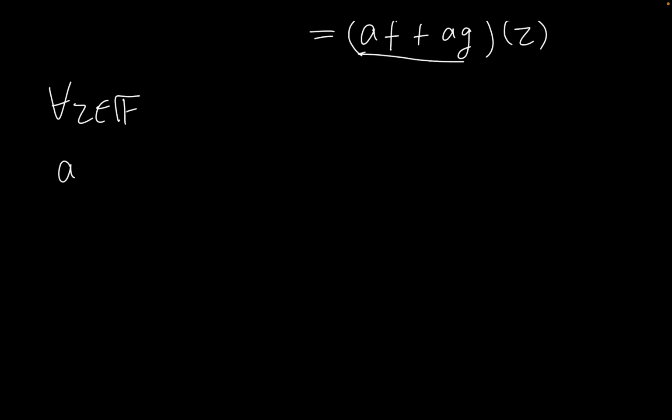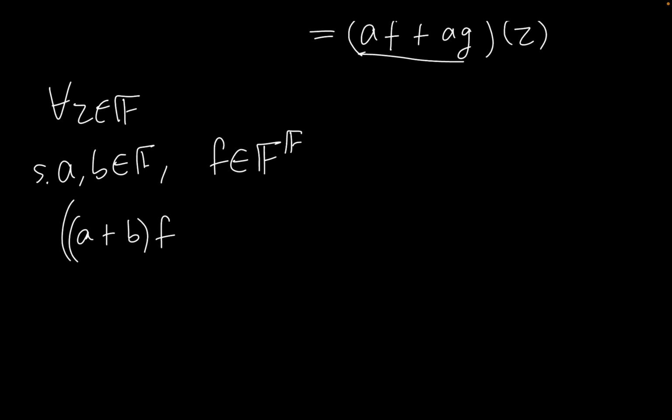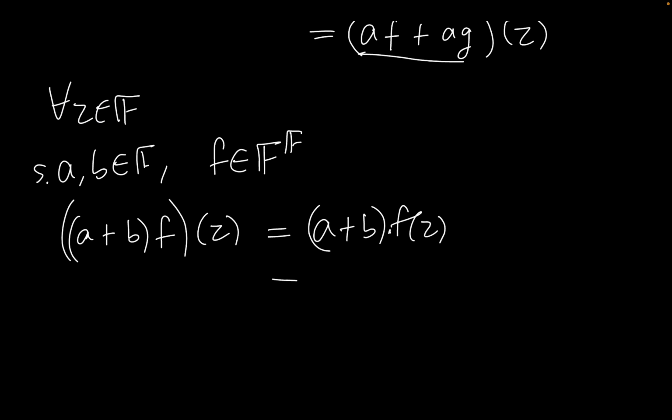So suppose a, b are scalars, and f is a function from F to F. We say that the function (a plus b) times f of z is equal to, we're going to use the definition of scalar multiplication, (a plus b) times f of z, and a and b are scalars and so is f of z.